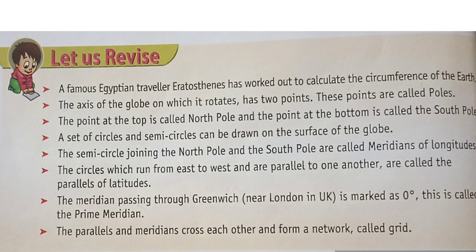A set of circles and semicircles can be drawn on the surface of the globe. The semicircles joining the North Pole and the South Pole are called meridians of longitudes.